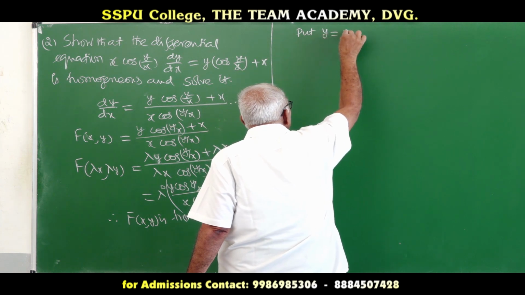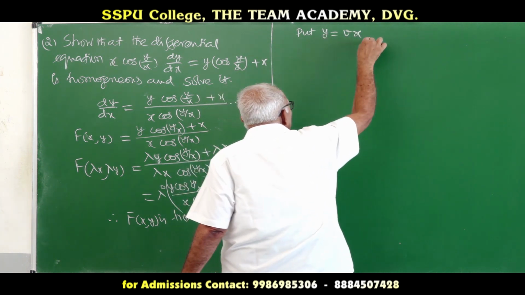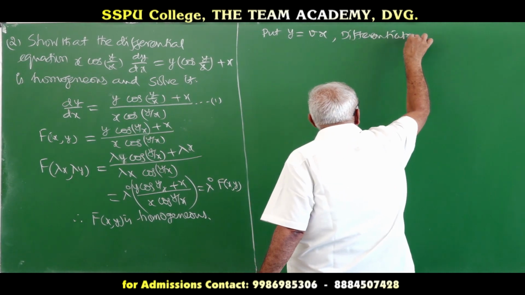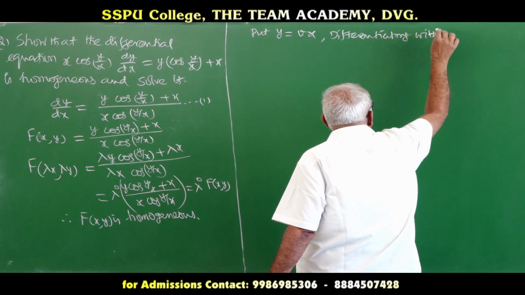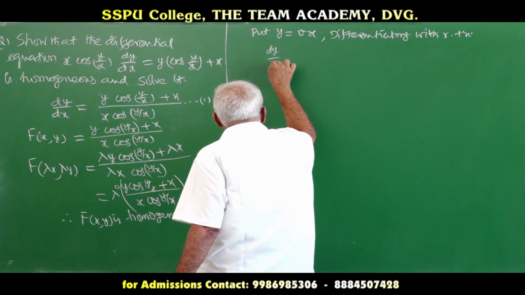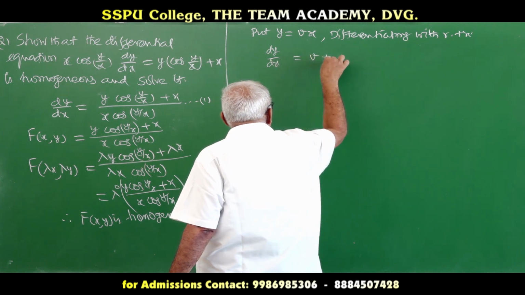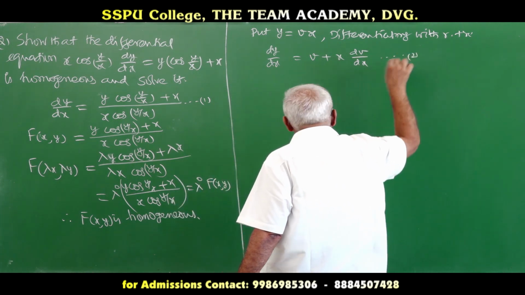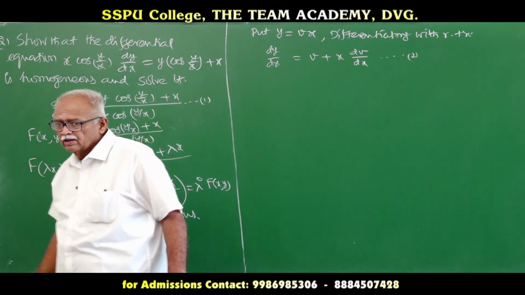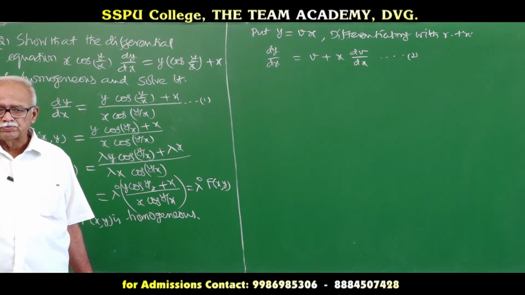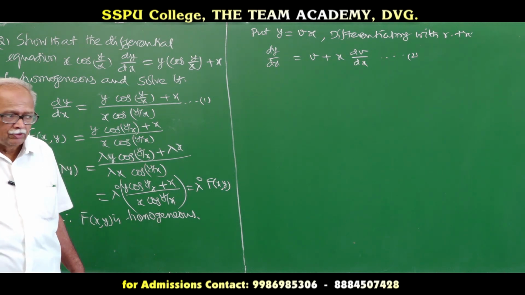Differentiating with respect to x, we get dy by dx is equal to v plus x into dv by dx. Why are we doing it? We are coming to variable separable form. Once we take the substitution, the differential equation will become variable separable.